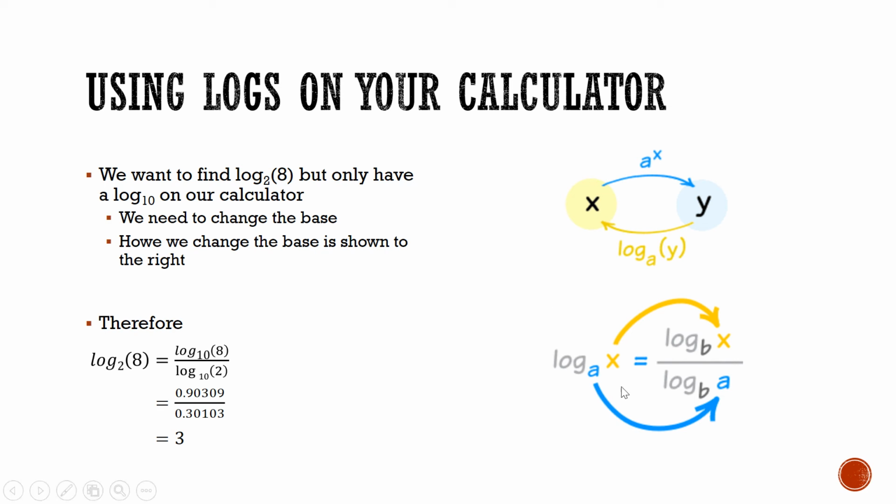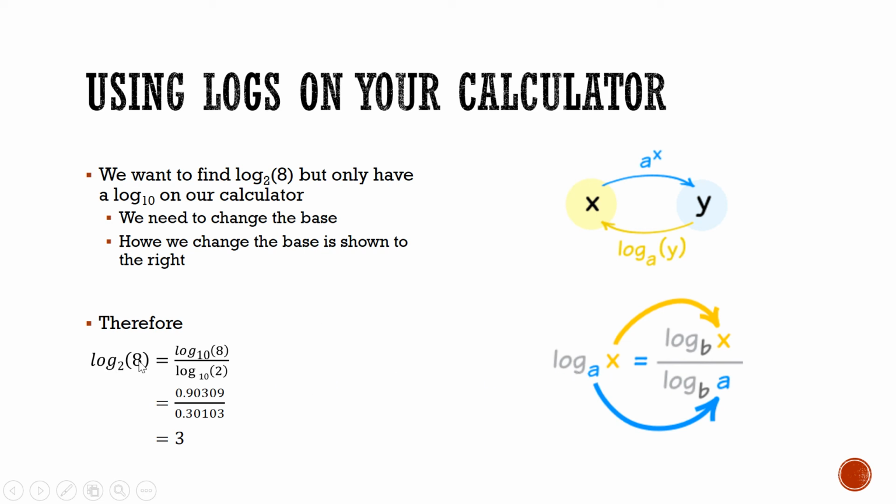Now it's quite lucky that if we have a log 10, we can divide the log 10 of x by the log 10 of a in order to get our log a of x.